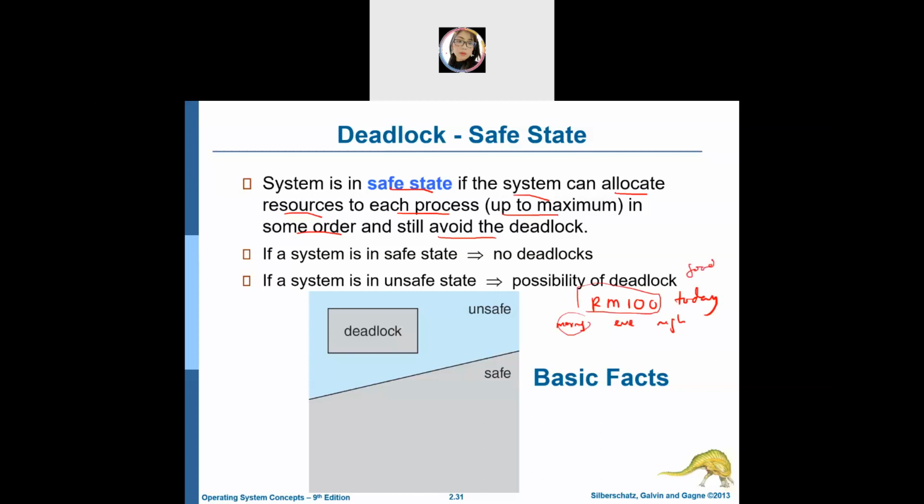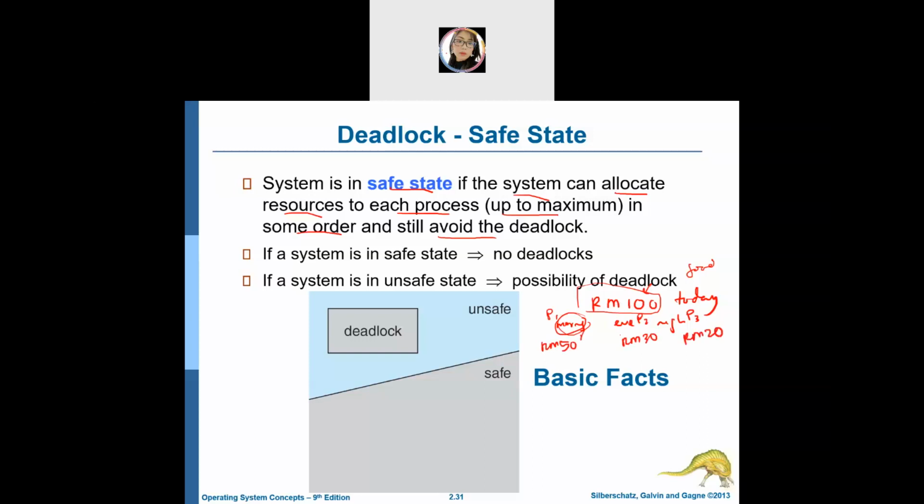Let's say the morning, evening and night are process 1, process 2, process 3. Then you need to have this amount of resources. So if your resource needs are P1 RM 50, P2 RM 30, P3 RM 20.